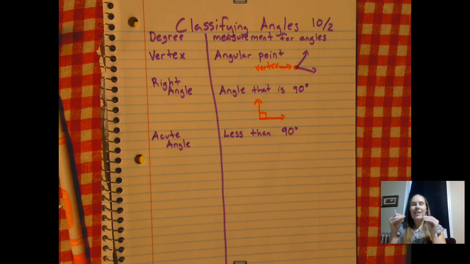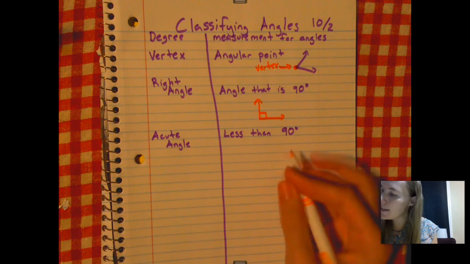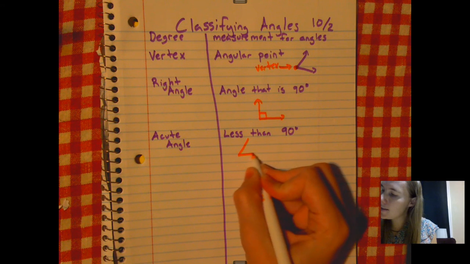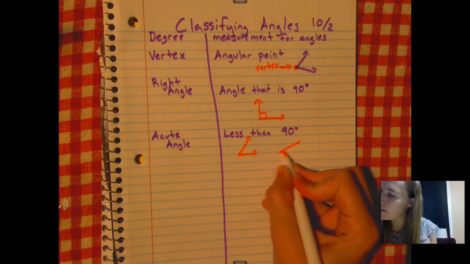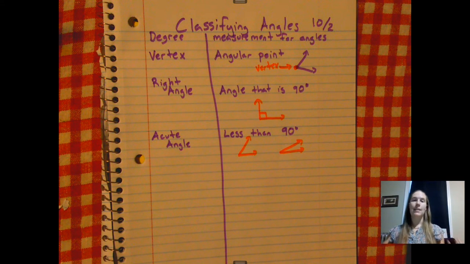So it's small and cute, like a little kitten or a fluffy bunny or something like that. So if it's less than 90 degrees, it can be like this, or it can be super, super tiny. Just anything that is less than 90 degrees. That is an acute angle.